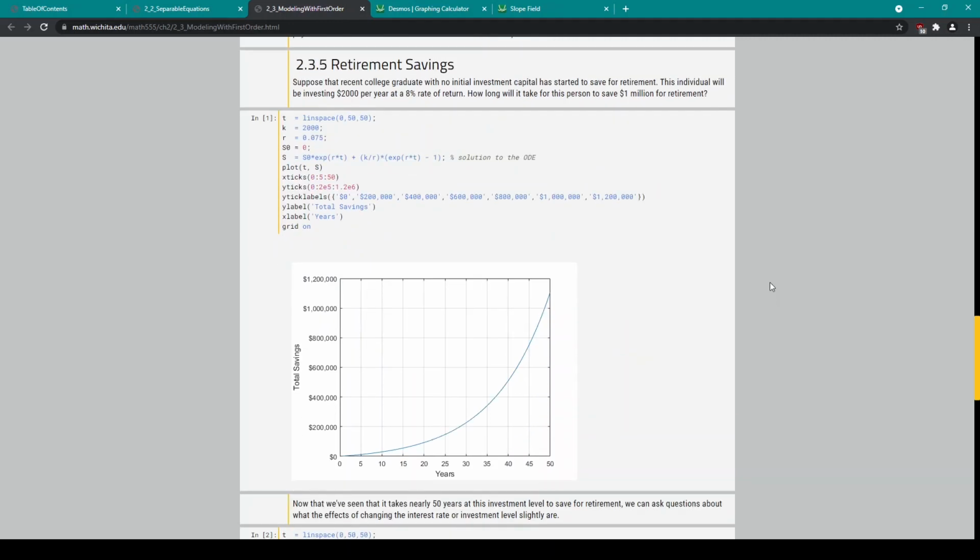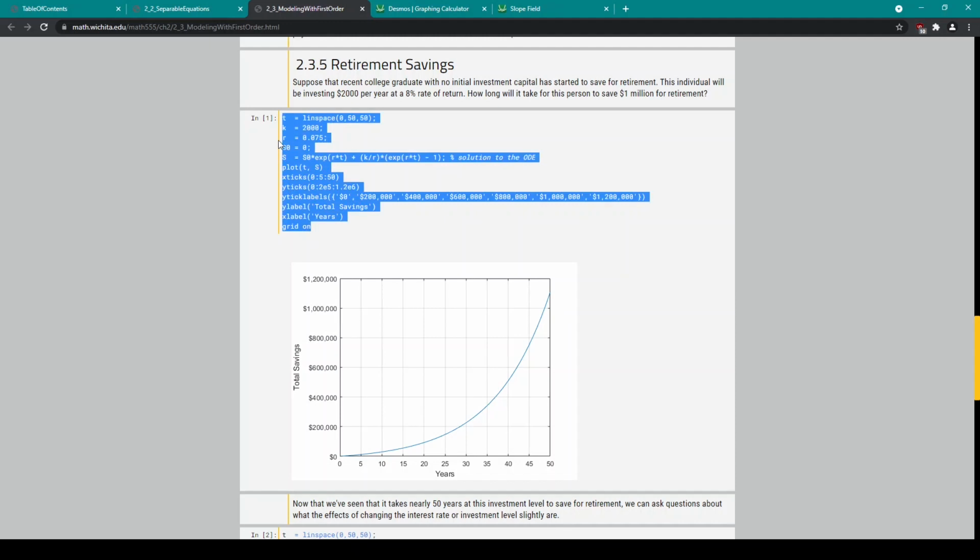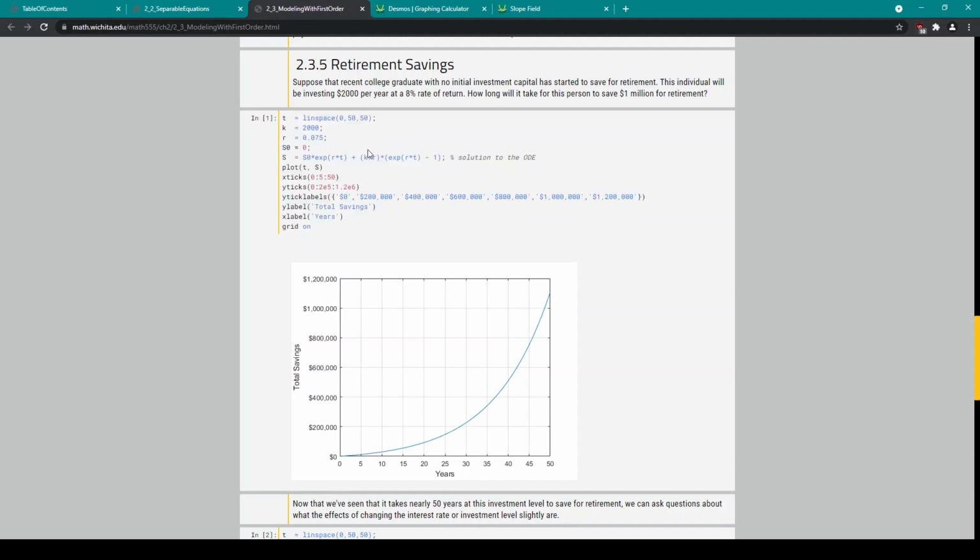Anyway, so here is an application of the problem that we just talked about. The write-up here, I must have done that in MATLAB.